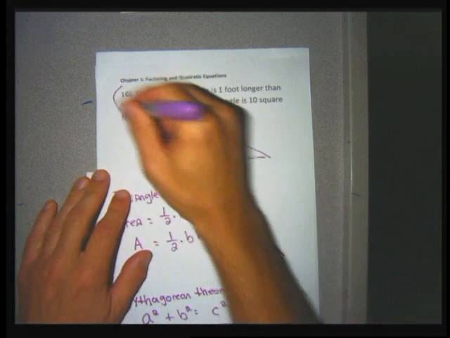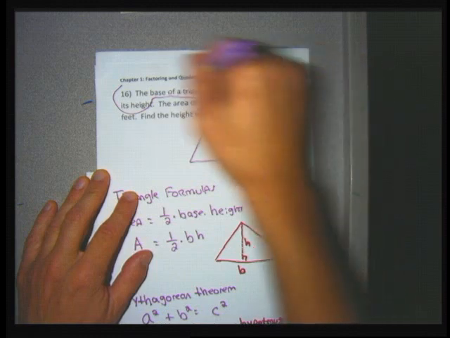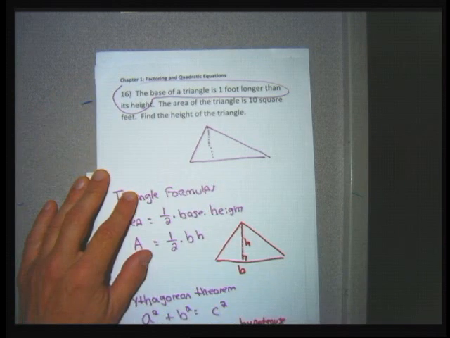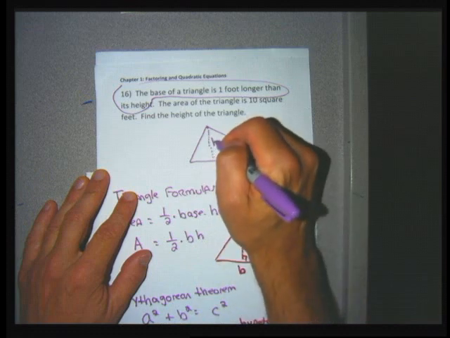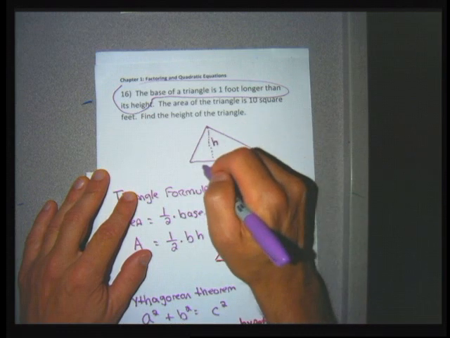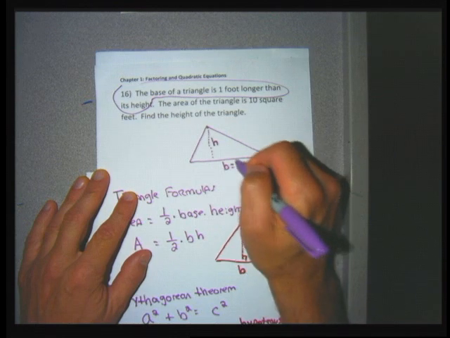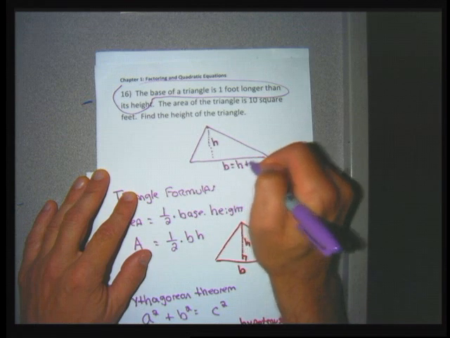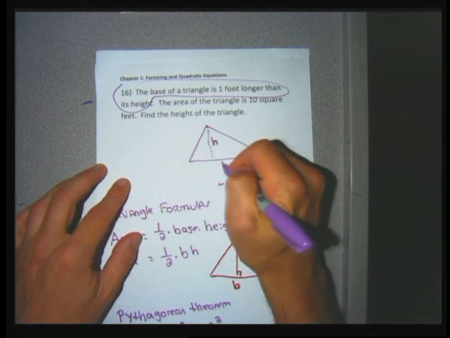So the first sentence, I need a triangle, not a right triangle, and the base is 1 foot longer than the height. So the height is this part right here, and this is the base down here, and the base is 1 foot longer than the height, so I'm going to say it's height plus 1. Kind of cool.